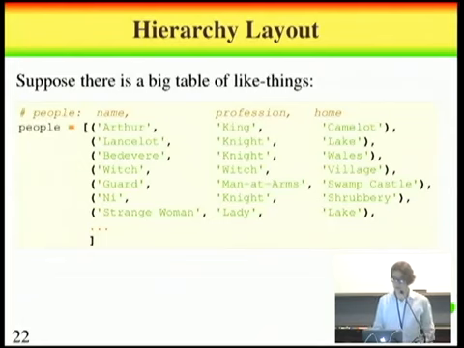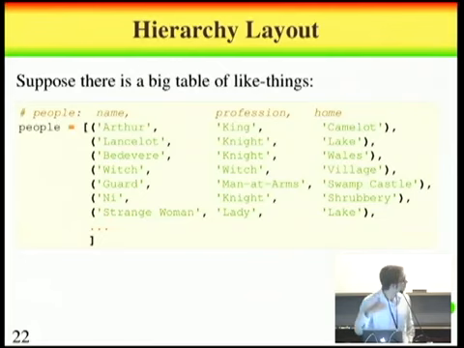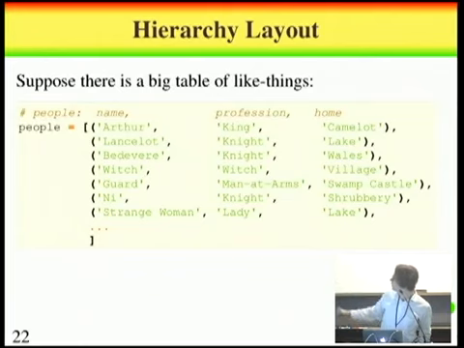Okay, so let's go on to talk a little bit about the first section that I proposed, which is just some tips on how to lay out your hierarchy. So say you have a big table of people. Here we've got a bunch of people, with their names and professions and where they live.